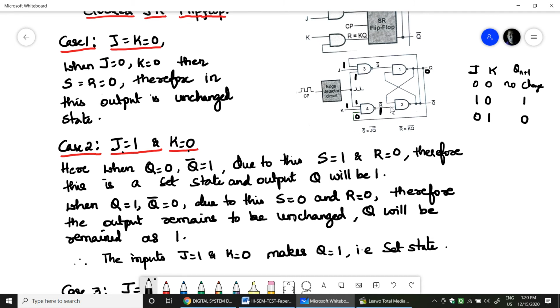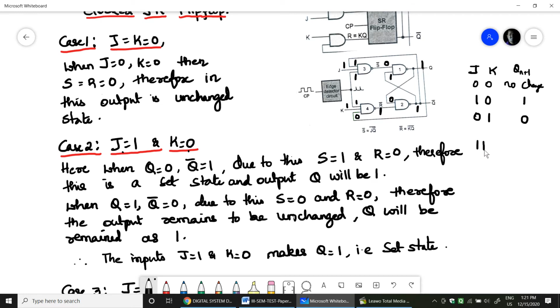Now this 0 is given to this also, so 1 ANDed with 0 will give you 1, and this 1 is given here, the same 1 is given here. So therefore all three are ones, so this NAND gate output will be 0, and 1 ANDed with 0 will make 1.